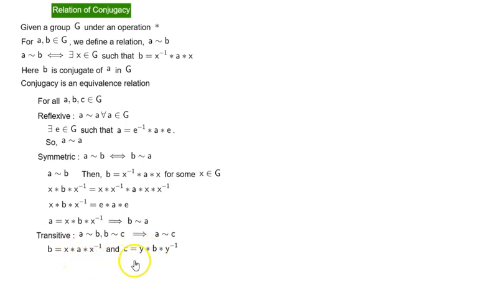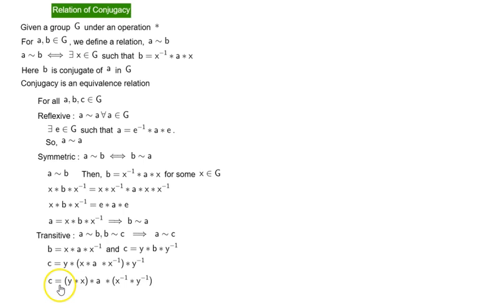So here X and Y are in G. So now C is equal to Y times B times Y inverse. In this we substitute B with this. We get C is equal to Y times X times A times X inverse times Y inverse.